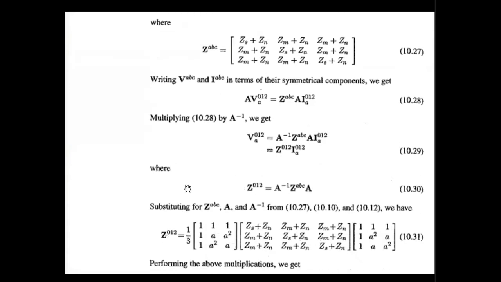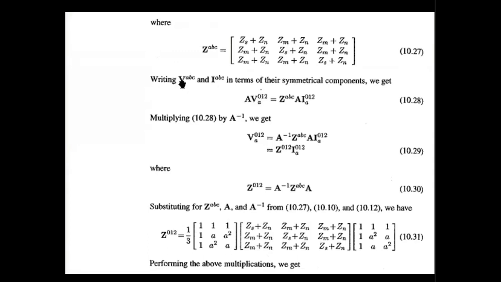A small question, sir. Writing VABC and IABC in terms of the symmetrical components, we get this equation, 10.28. Here, are we just multiplying with A? No, we have V012. We put the equivalent information of VABC. This is not the multiplying factor.